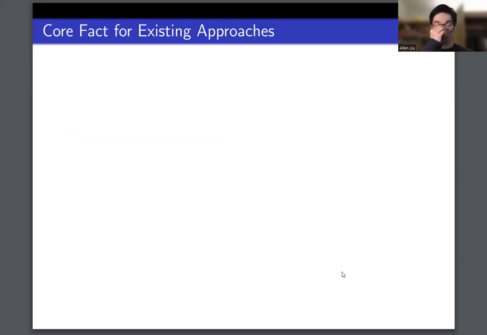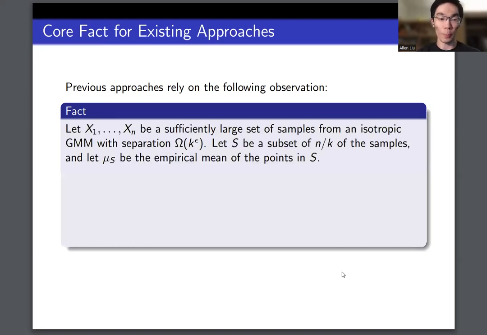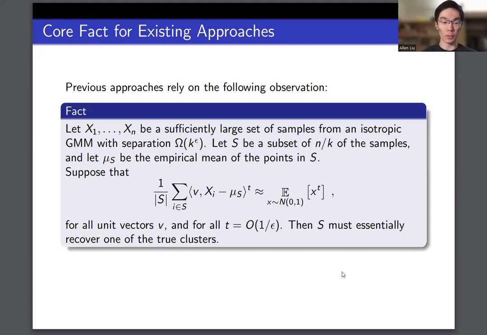To make this slightly more formal, these previous approaches rely on the following observation. Imagine that we have some polynomial number of samples from an isotropic mixture of Gaussians with separation k to the epsilon. Now consider a subset of n over k, so a 1 over k fraction of the samples, and let mu_S be the empirical mean of this subset of samples.